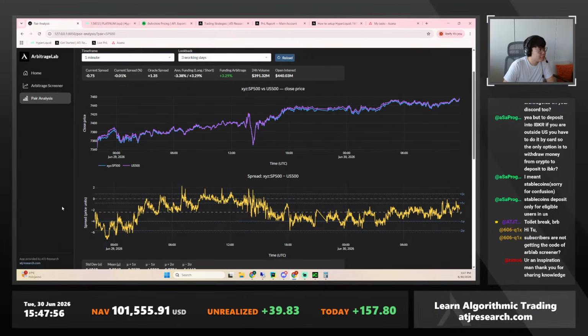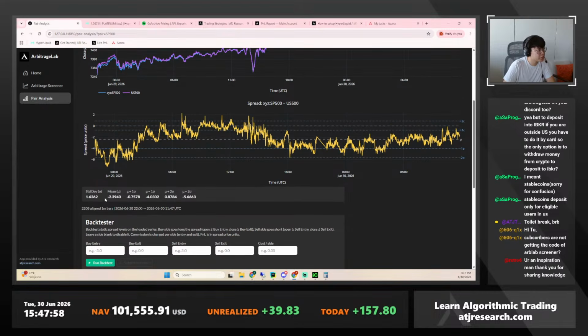So here we have the standard deviation. Right now the mean is quite low, but what I care about is the standard deviation, which is 1.6. So if we do 2 times the standard deviation, that would be 3.2. So we can do 3.2, 2 standard deviations.